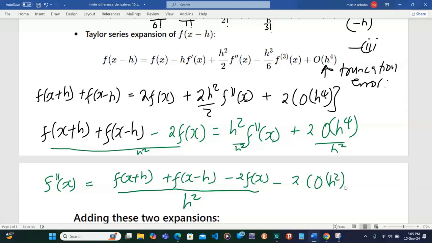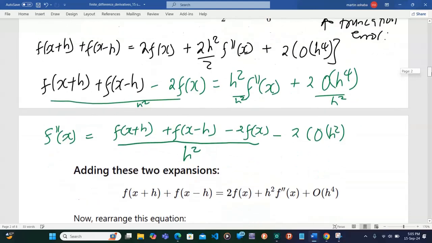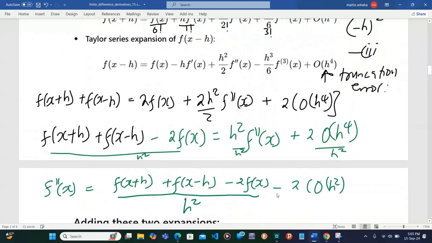So if I bring in the interpretation of this error, since I have the higher terms of h squared, I'm going to find that this error is very small and I can neglect it.